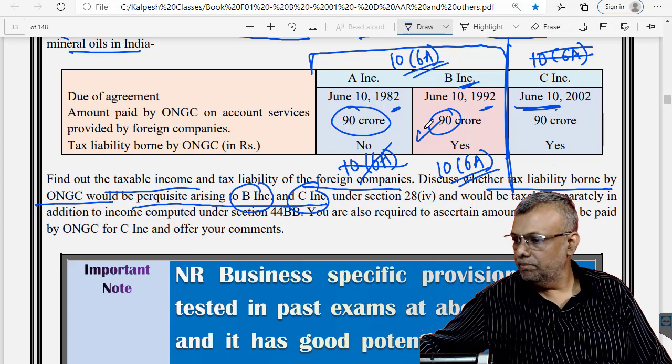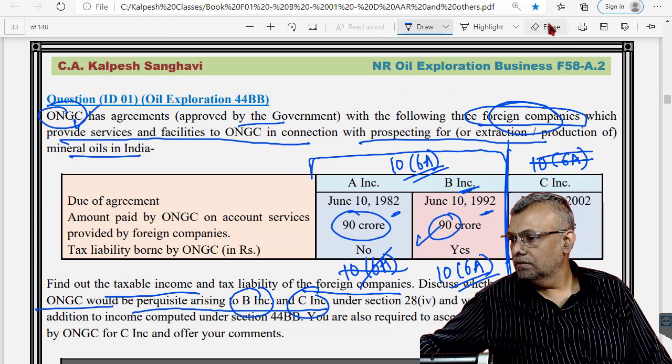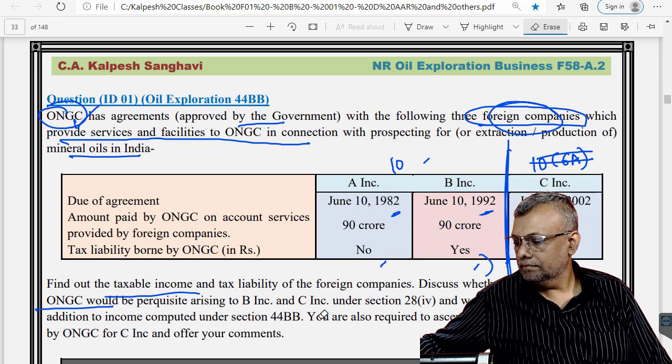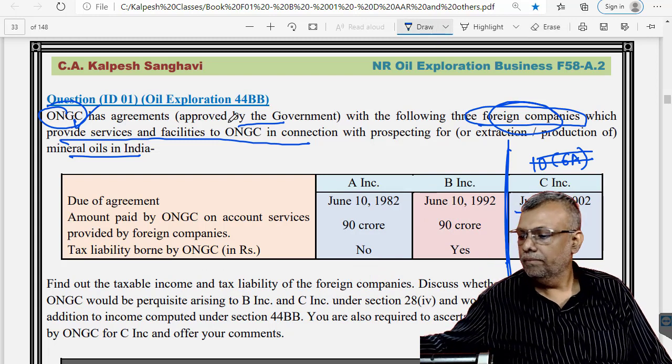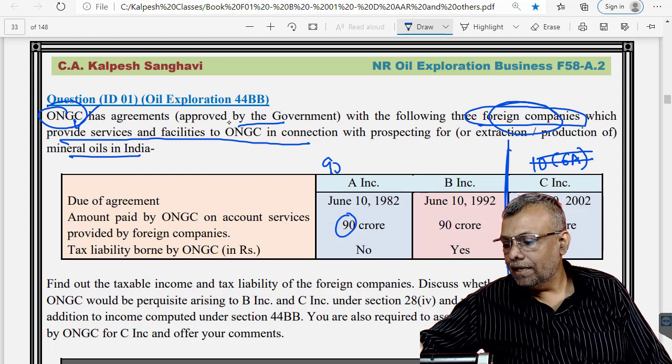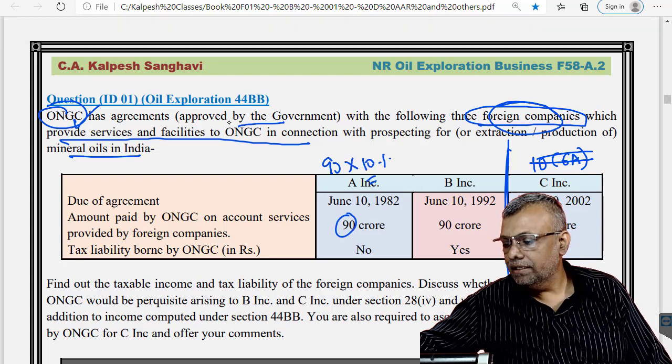One second, let me erase these few things now. See, AINC's income will be 90 crores, so 90 crores into 10% will be the net income, which is 9 crores.